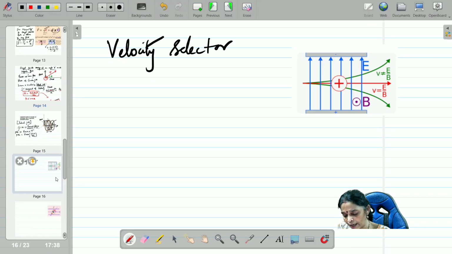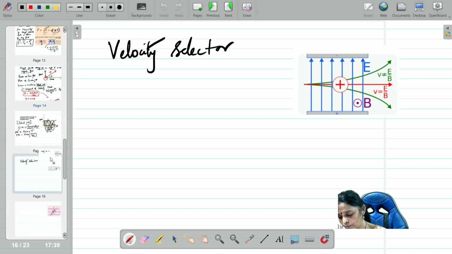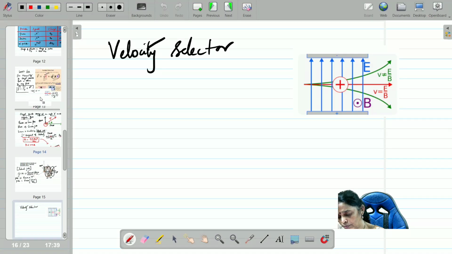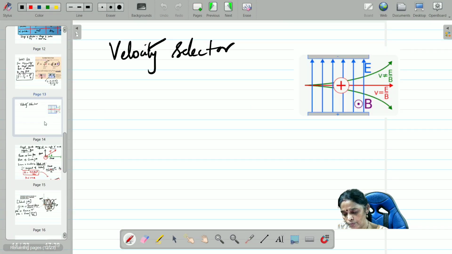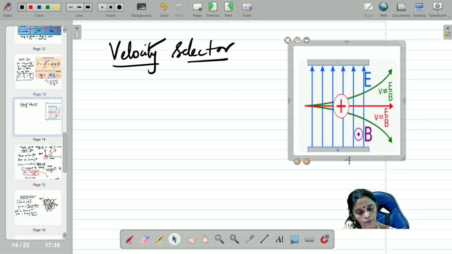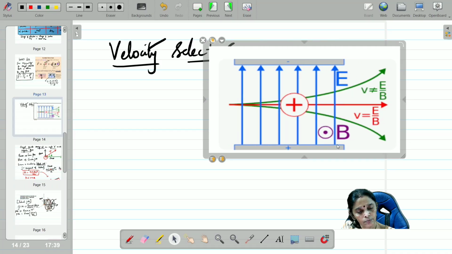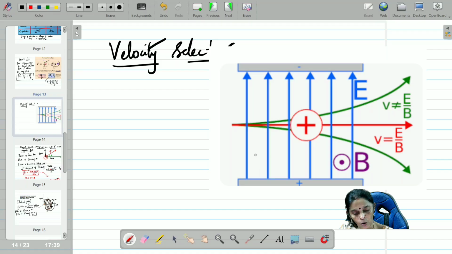Both electric as well as magnetic field. So I will just bring on to this. You can see here, children, magnetic field is acting outwards.